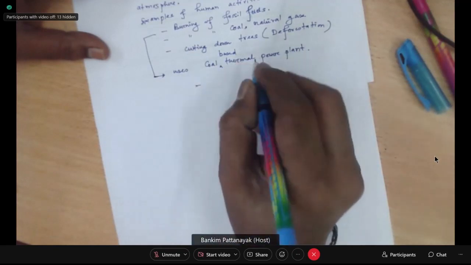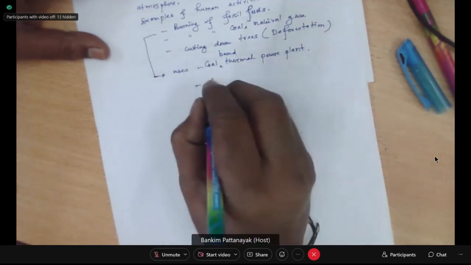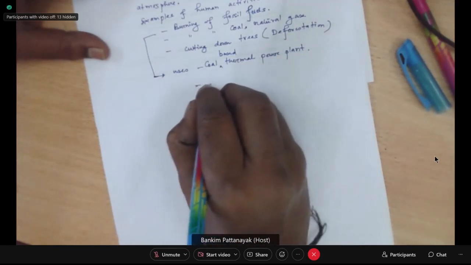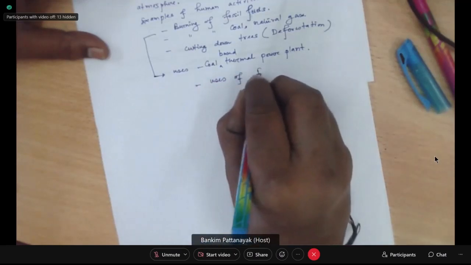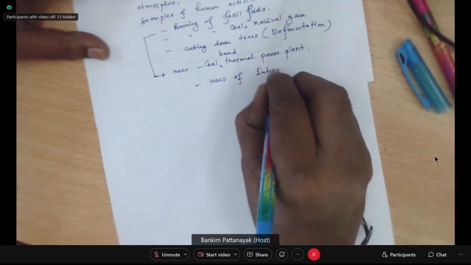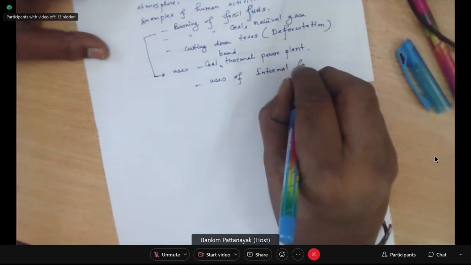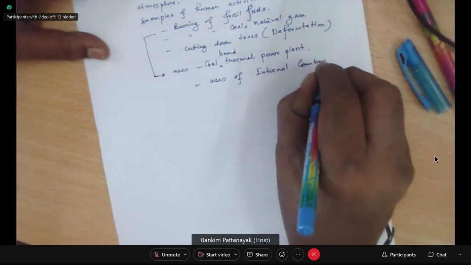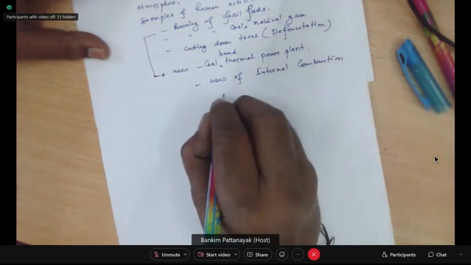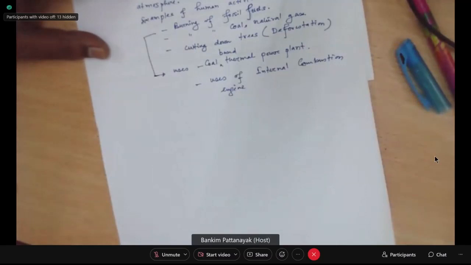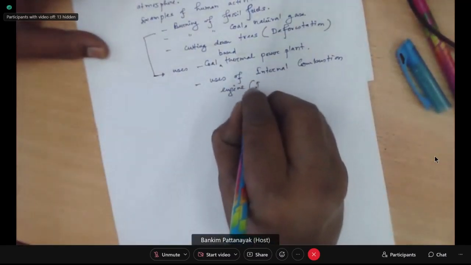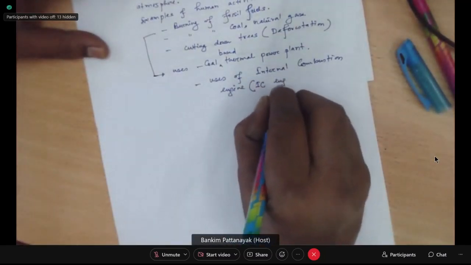Then uses of internal combustion engines, which is shortly called IC engines.